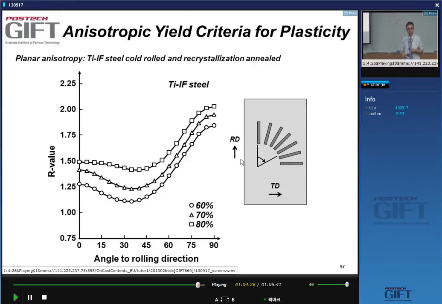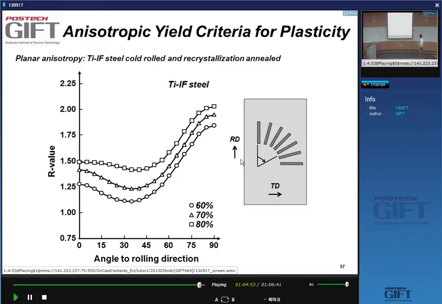And we call this width strain over thickness strain the R value. The fact that they're not the same is called normal anisotropy. So the section isn't reduced at the same rate in the thickness and in the width.